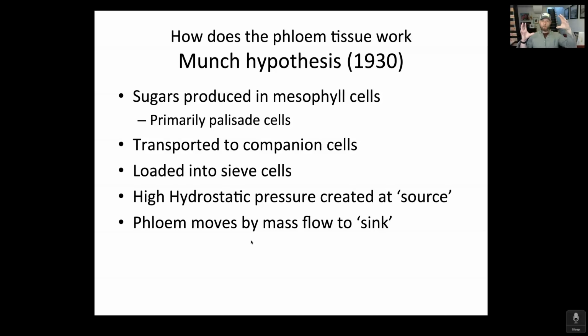So you fill up a water balloon, and if you don't tie off the nozzle part, water is just going to shoot out of there. Similarly, as you fill up the sieve tube element, it's going to want to push those contents away to places of lower water potential. So that's how the water is moving. We pressurize essentially the sieve tube element at the source, and then cells at the sink.